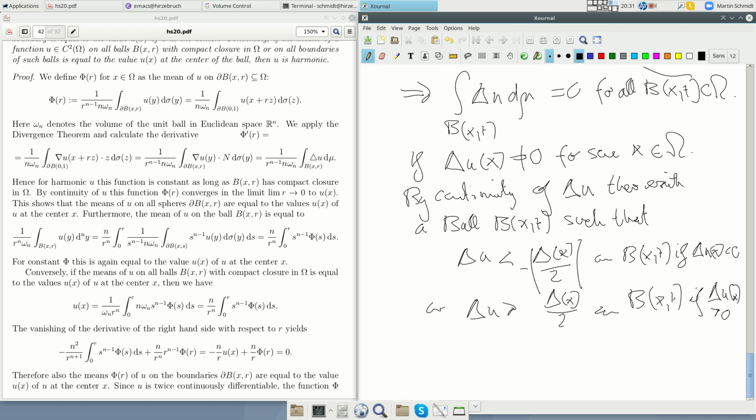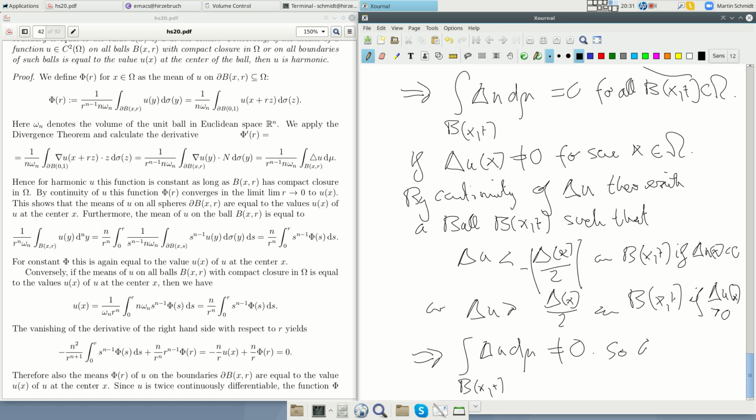Okay, in both cases, this clearly implies that the integral over Δu dμ over this very small ball is non-zero. So we get a contradiction when we find any point which is non-zero. If any point is non-zero, then we get a contradiction.